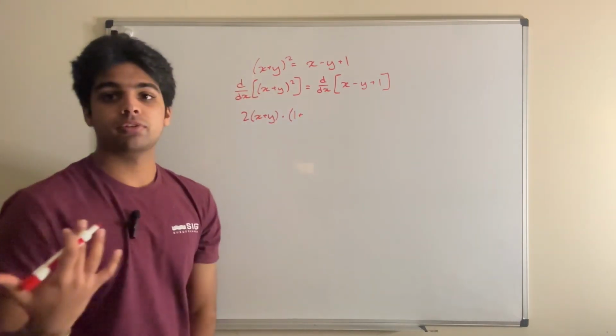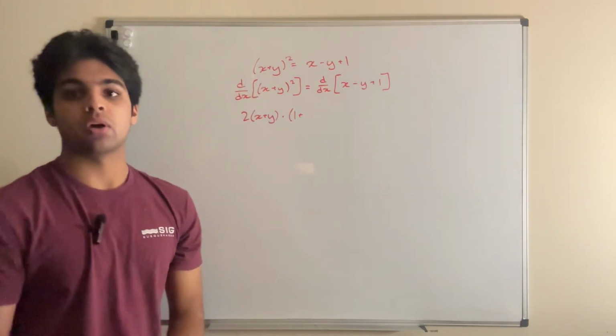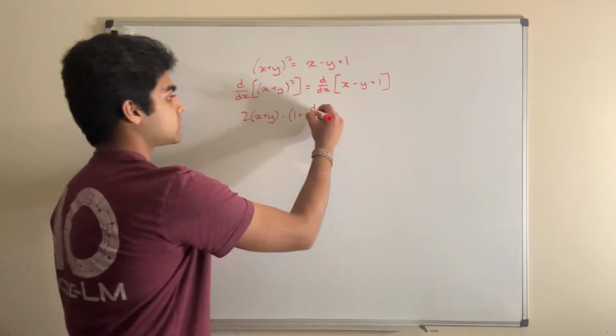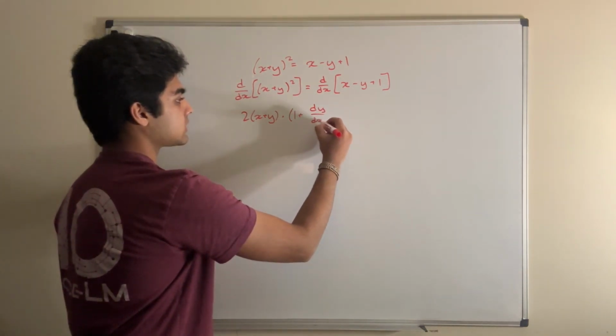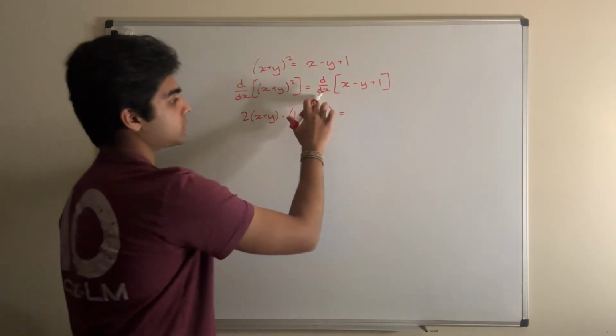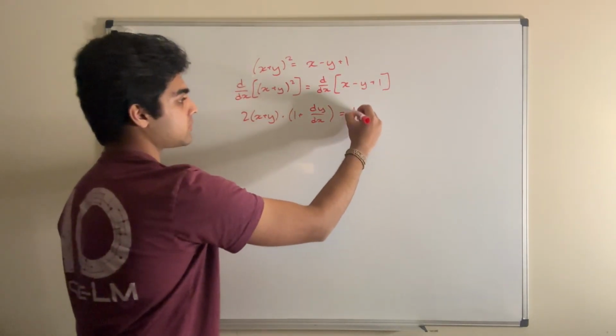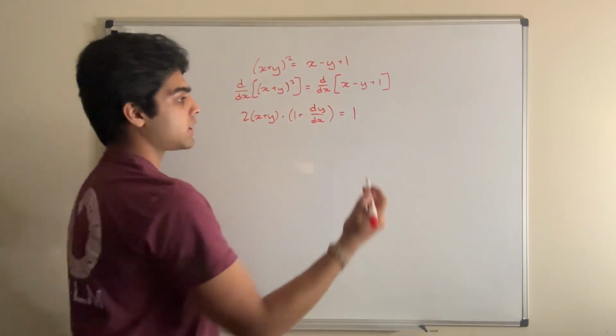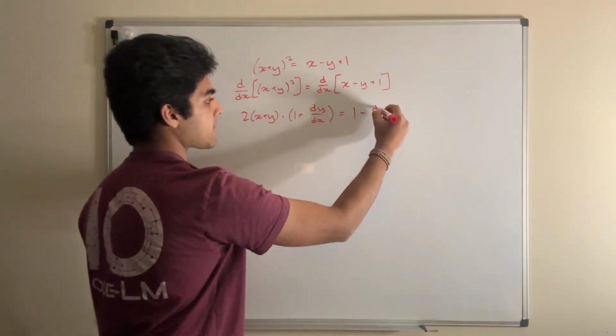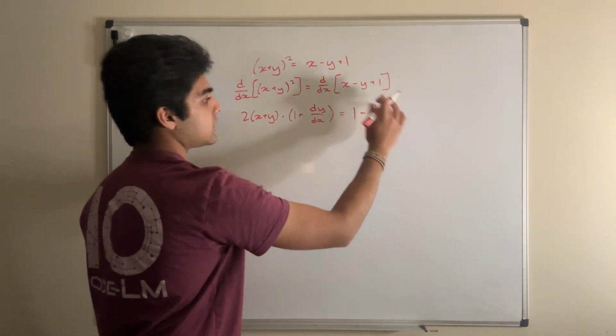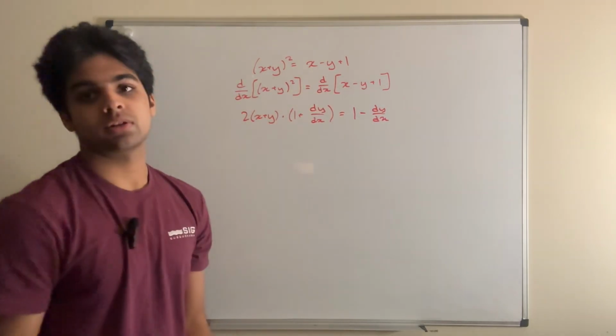So derivative of y, as we saw before, is going to be dy over dx, right? And that equals the derivative of this side. So derivative of x is just 1, minus derivative of y is going to be dy over dx. And then the derivative of 1 is just 0.